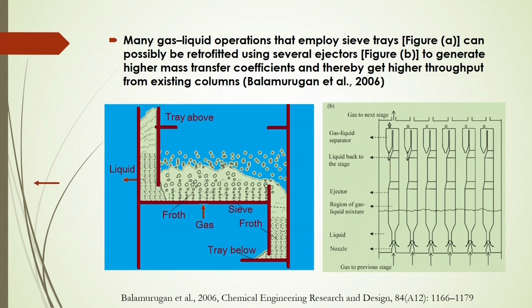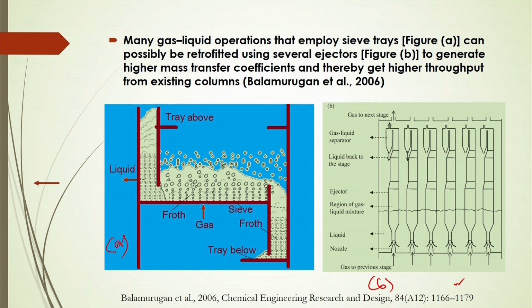Now, here you will see, as per Balamurugan et al. reported in 2006, that many gas-liquid operations that employ sieve trays can possibly be retrofitted using several ejector systems, as shown in figure A, and you can also use several ejector systems as shown in B, to generate higher mass transfer coefficients and thereby get higher throughput from existing columns.